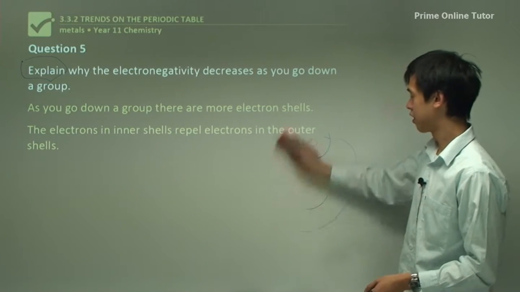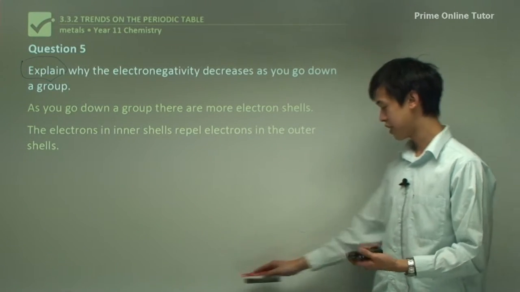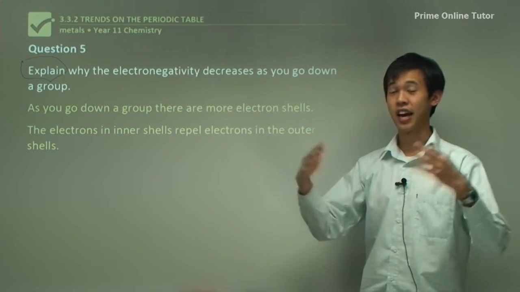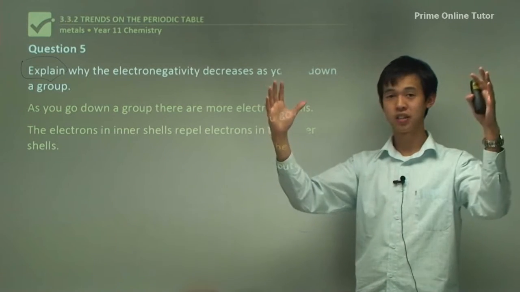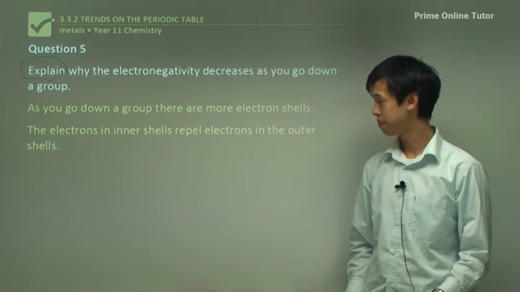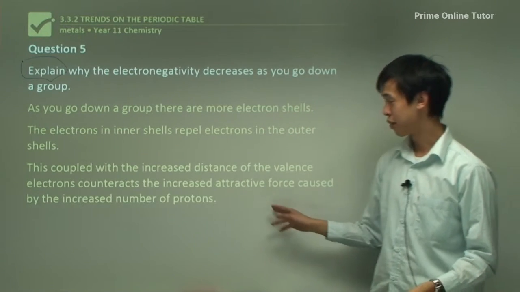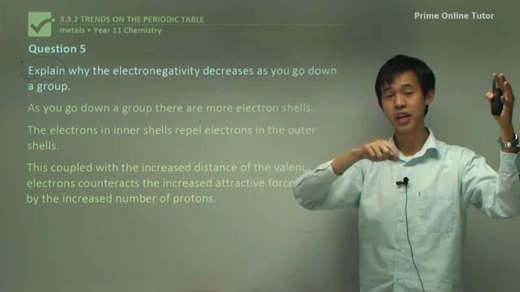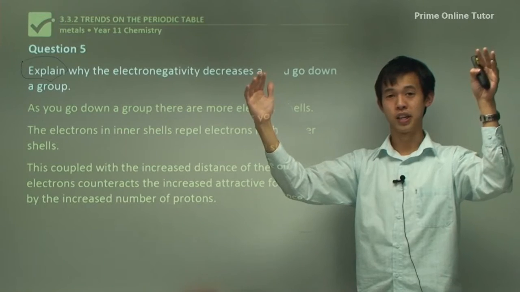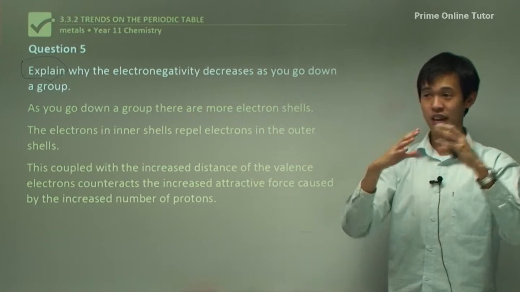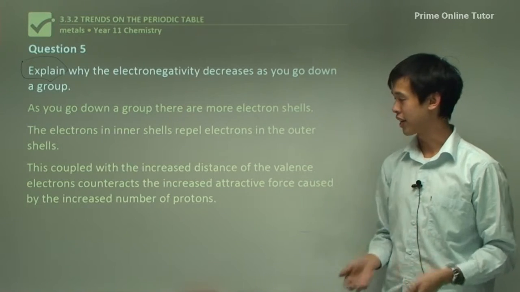The electrons in the inner shell repel the electrons in the outer shells. If you have 2 shells, the ones in the middle will be repelling the ones on the outside. Of course, the increased distance of the electrons in the outer shell weakens the force of attraction between those electrons and the nucleus, as well as that repulsion, so you get 2 effects.